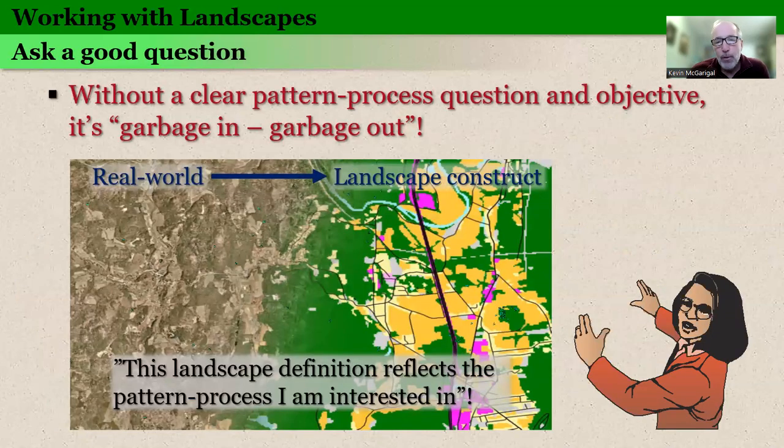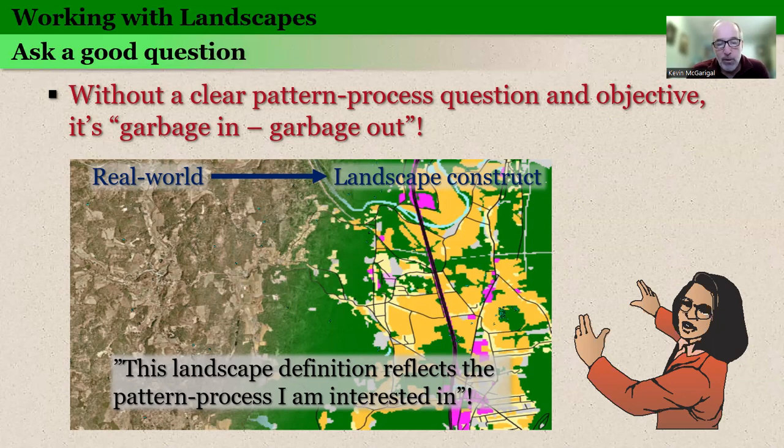So the most important thing to recognize here is that without a clear pattern process question and SMART objective, it's essentially garbage in and garbage out in the landscape analysis. No landscape analysis can be meaningful without a very clear pattern process question and without a very SMART objective that is sufficiently detailed and specific and quantitative for us to formally define the landscape and proceed with the landscape analysis in the next step.